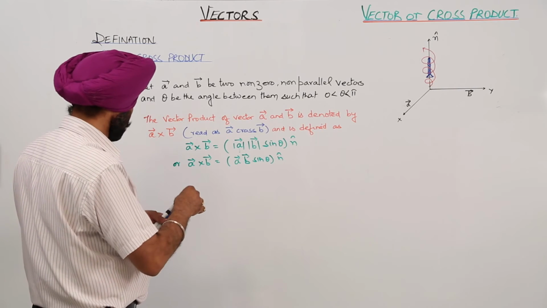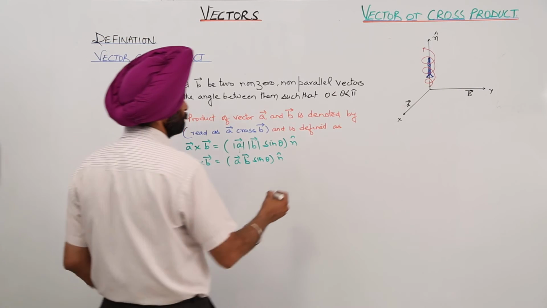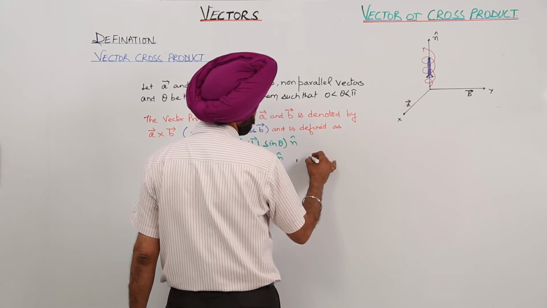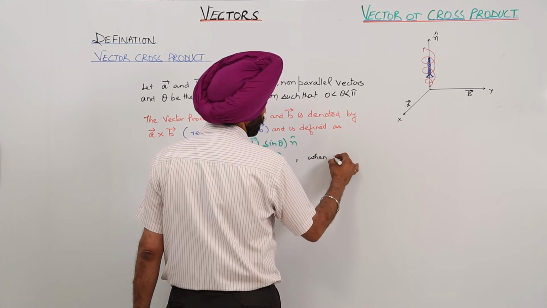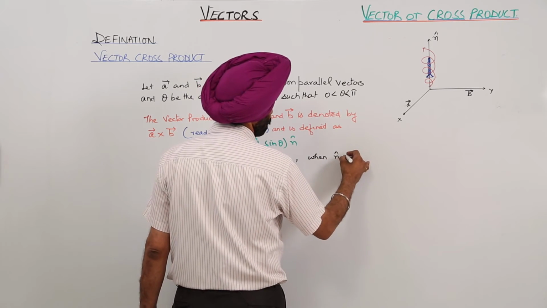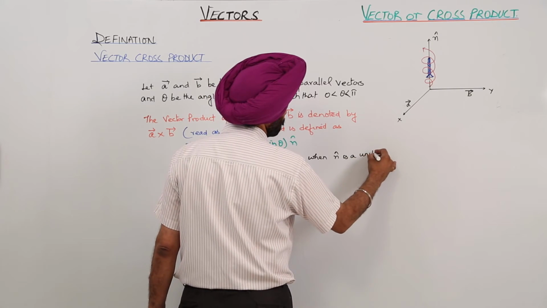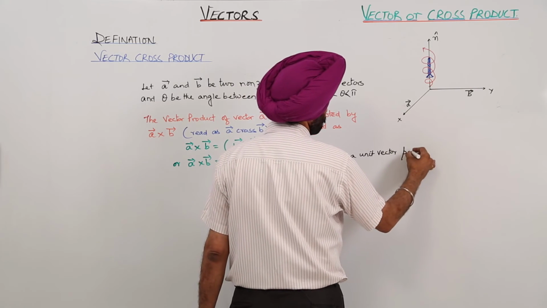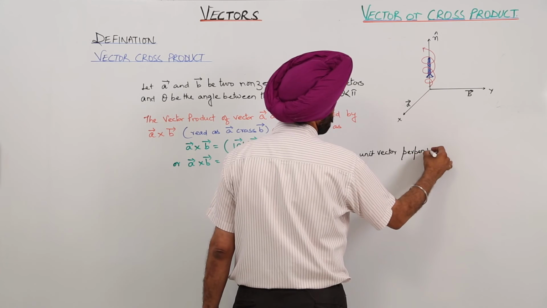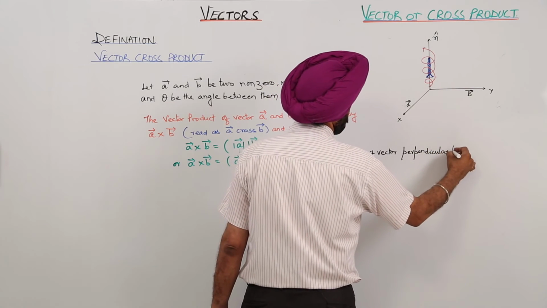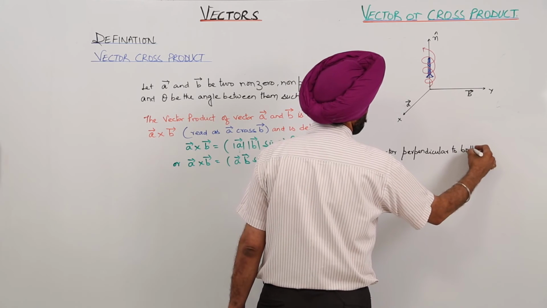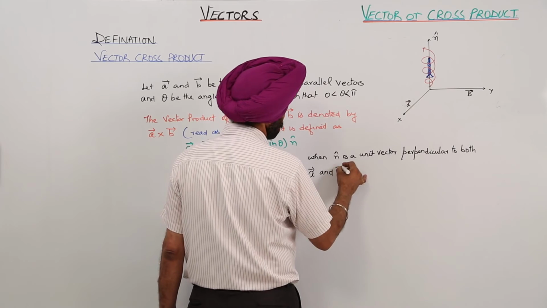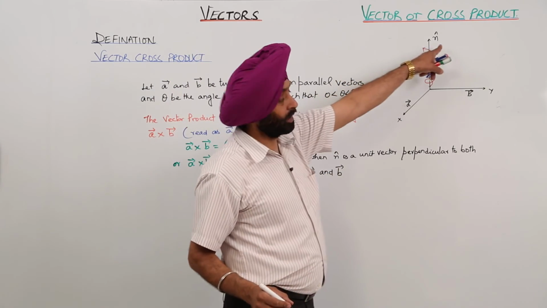Now, n is a unit vector perpendicular to both vector A and vector B. I have already mentioned here that vector n is on the top of it.